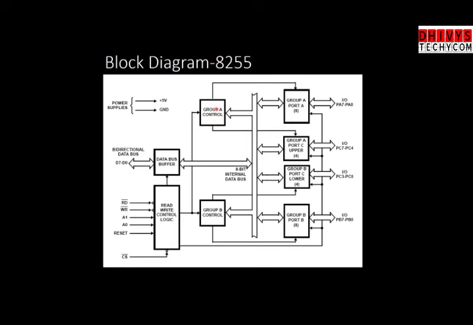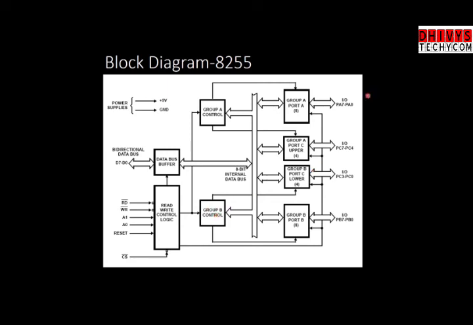You'll have port A, which is group A, and here you'll have group B. When you come closer and analyze, group A has port A and port C upper. So you can conclude that port A and port C upper contribute to group A, and port C lower and port B contribute to group B. This is how it will be reacting, and you'll have input output ports for each individual port.